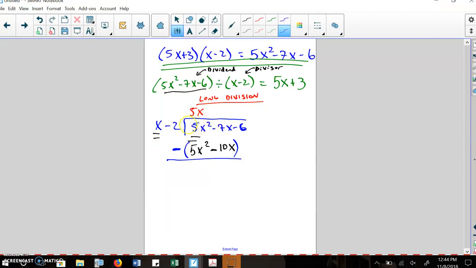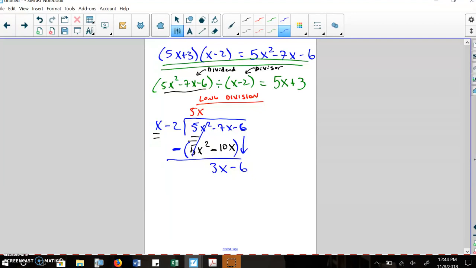Now we're going to subtract. These two terms should always cancel out. 5x squared minus 5x squared, those cancel. When I do negative 7x minus negative 10x, minus the negative turns into positive, so negative 7 plus 10, that's 3x. I'm going to bring the minus 6 down, and then I'm going to start this process over again.